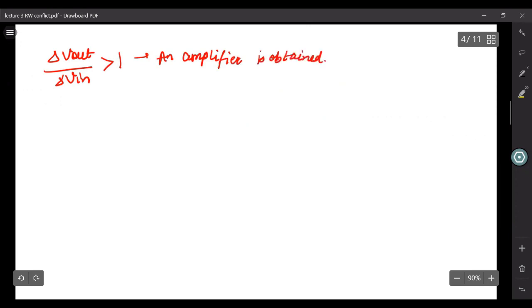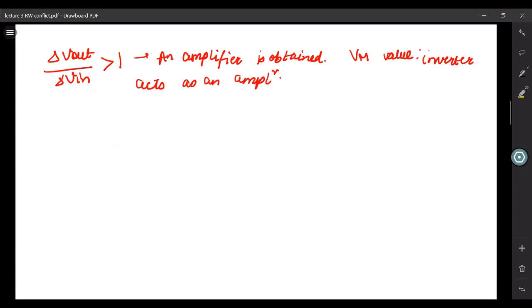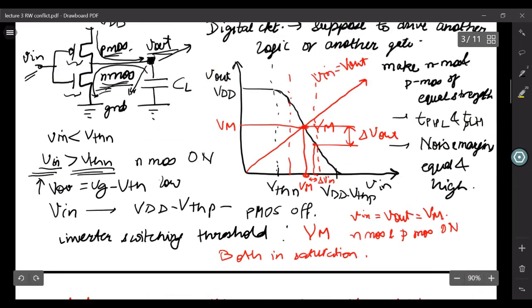So close to this Vm value, your inverter acts as an amplifier. This is a classic interview question that many of the industries ask, and you should be able to tell them that if you bias your inverter close to this Vm point, then it can act like an amplifier.